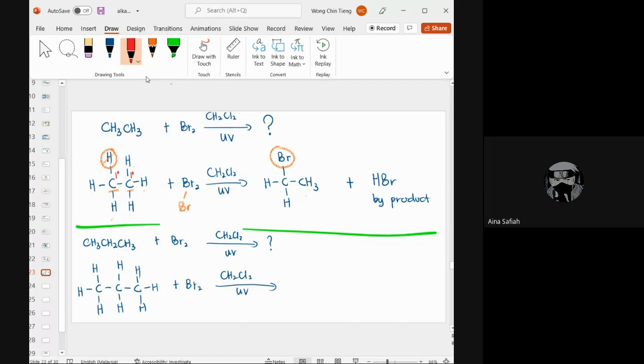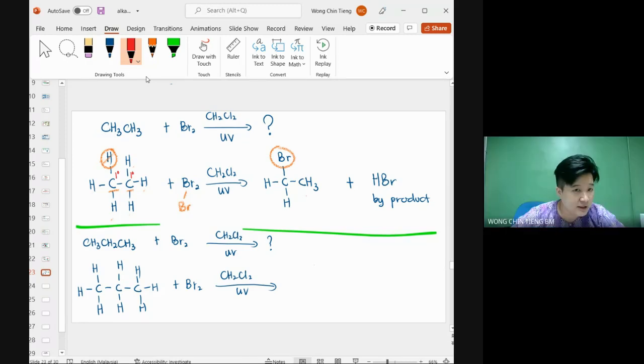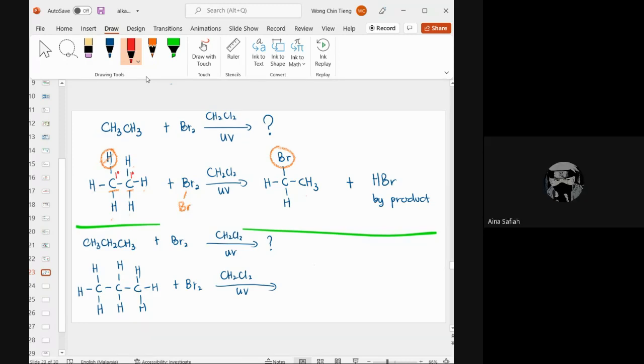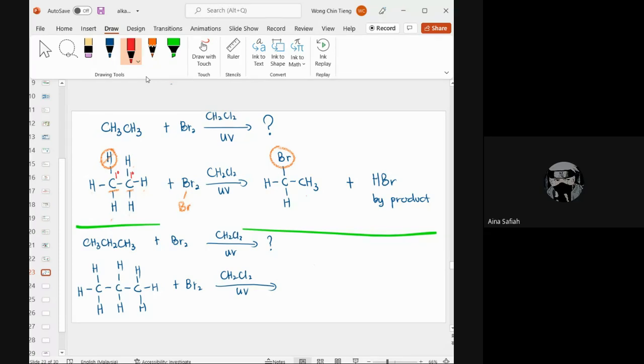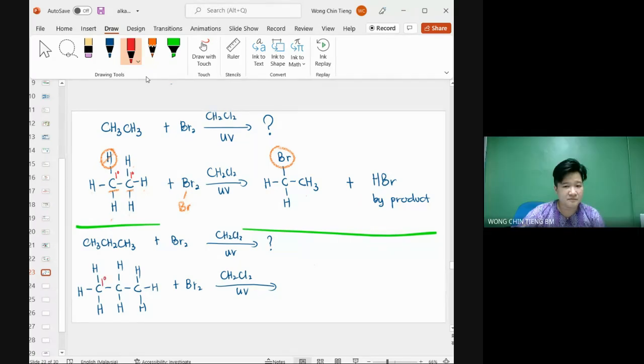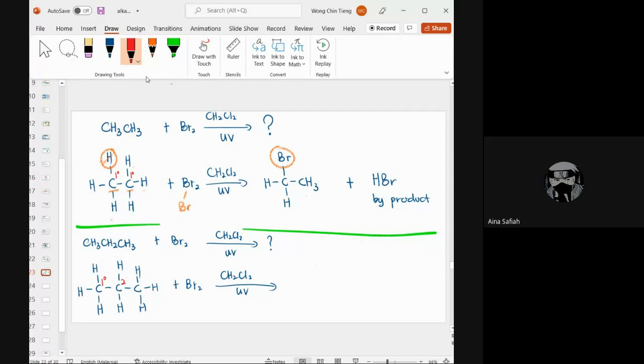Primary class. The first carbon is? Tertiary class. Primary. Primary or tertiary? Primary. The second carbon? Secondary. The third carbon? Primary. Nampak?